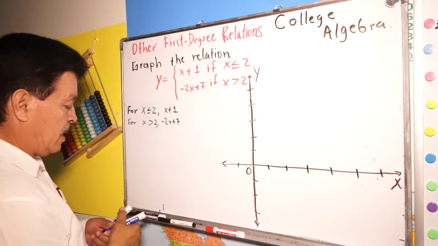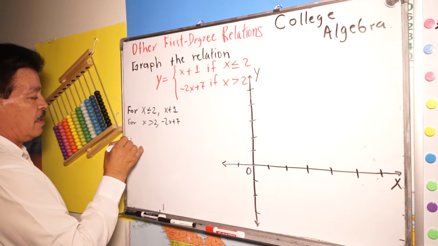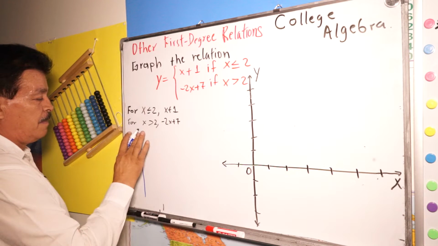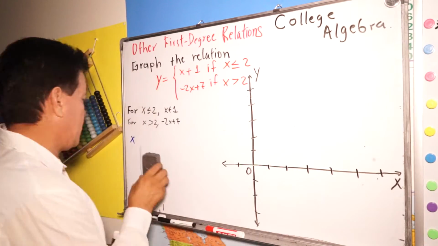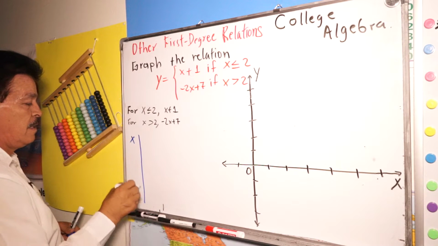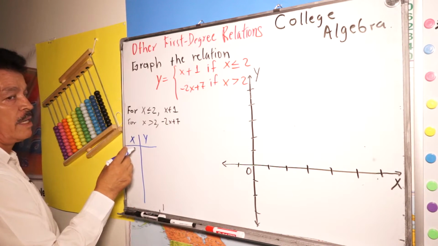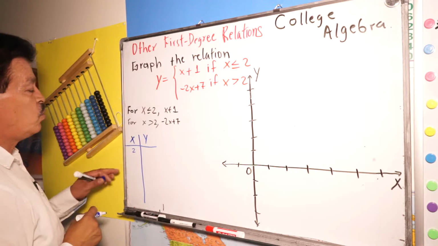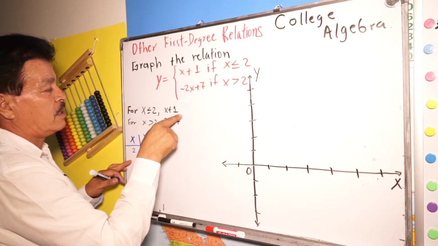Well, at least let me write the table here. I'm going to give some values for x here, so x and y. Let's give it 2. When x is 2, how much is y in the first case? 2 plus 1 is 3.